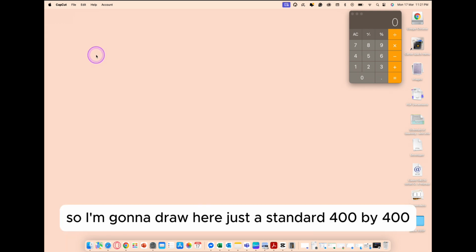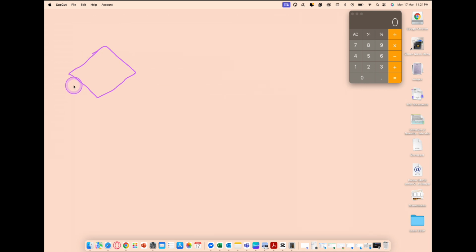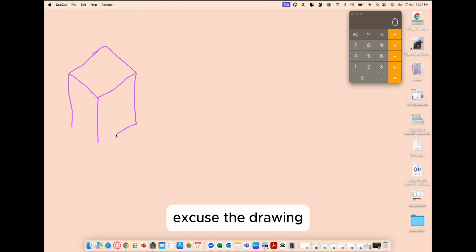So I'm going to draw here just a standard 400 by 400 hole, a square one. Excuse the drawing.